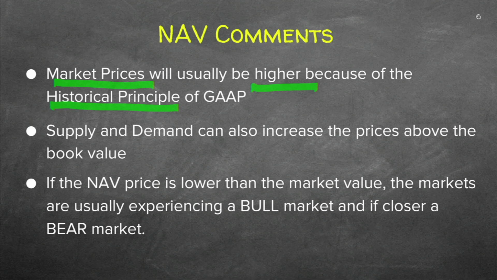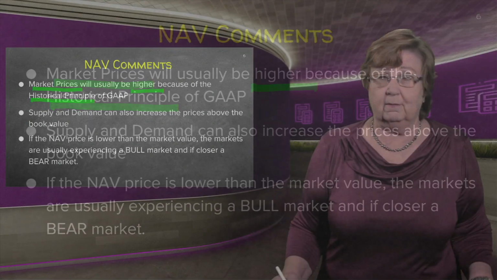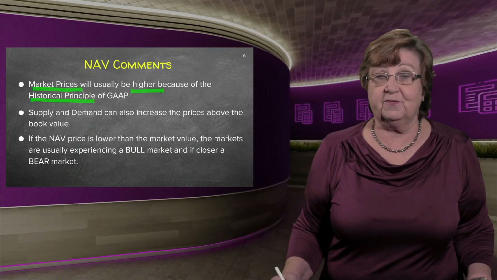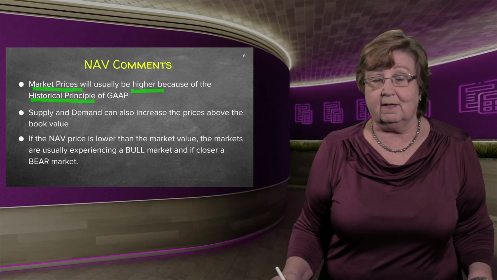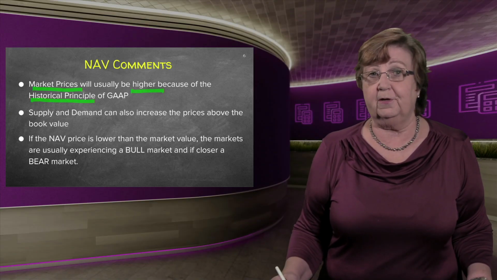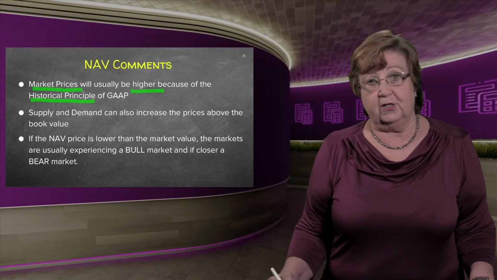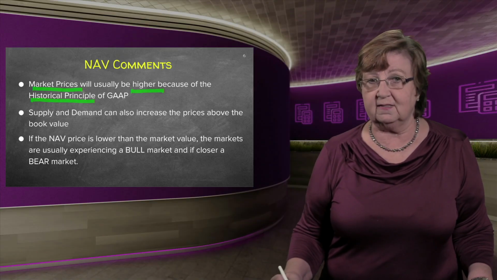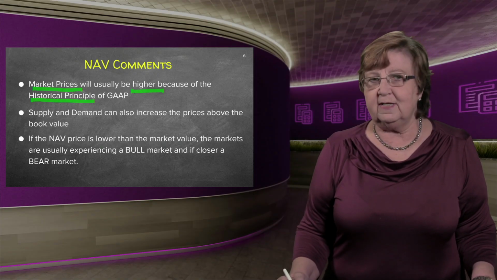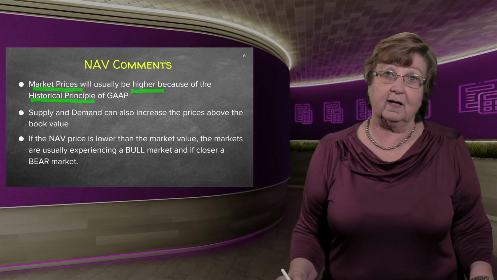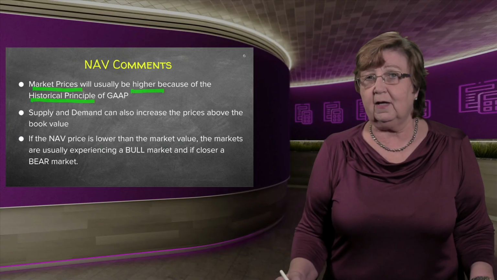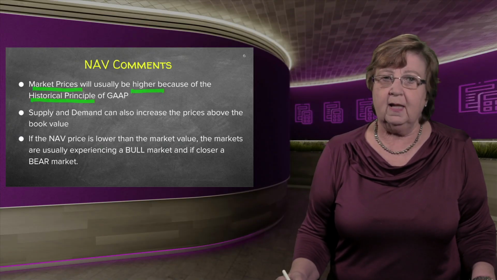And so shares bought 5 years ago, simply because of the rand value, we won't be able to buy as many shares with, let's say, 5 rand today as we were able to 5 years ago. So market prices are usually higher, and again, the reason for that is because they were recorded at the original price paid for it, known as the historical principle of GAAP.